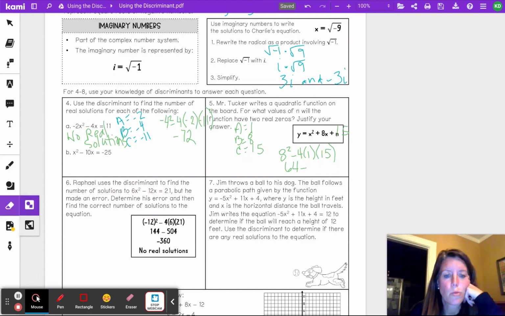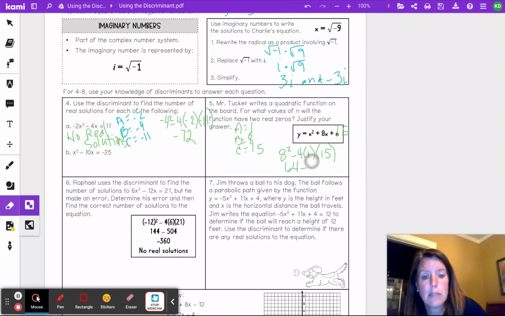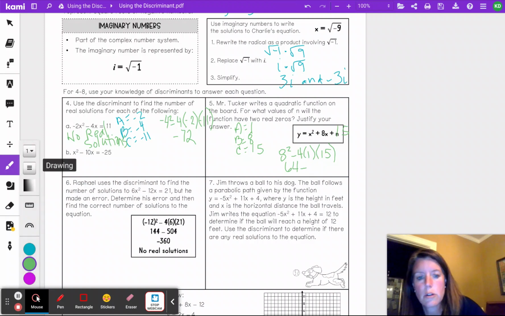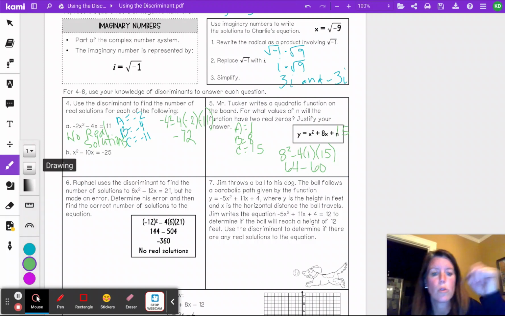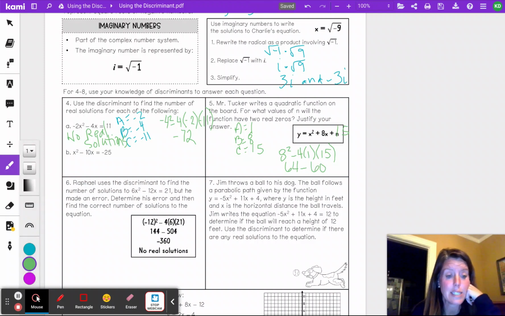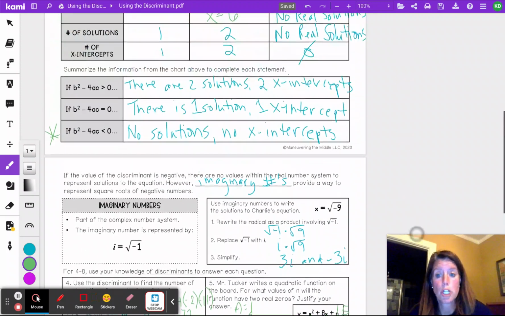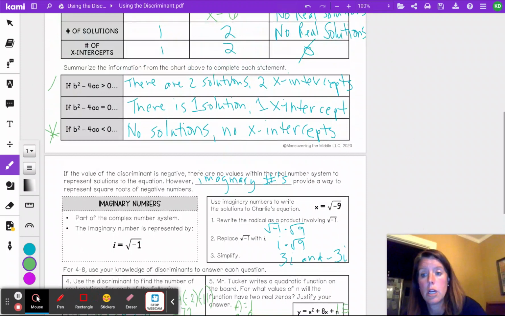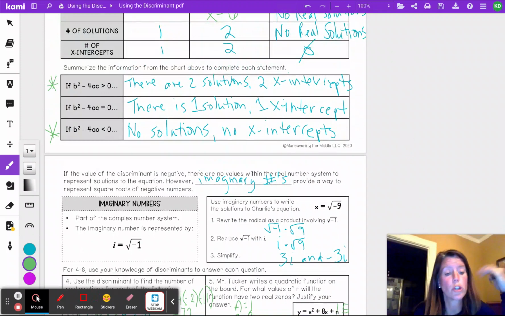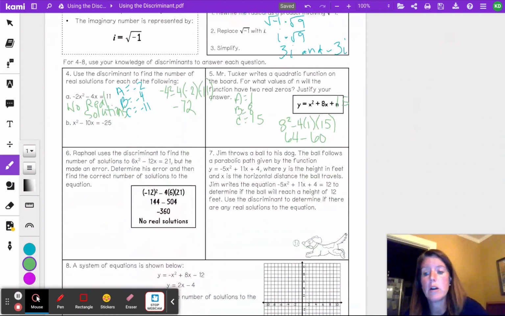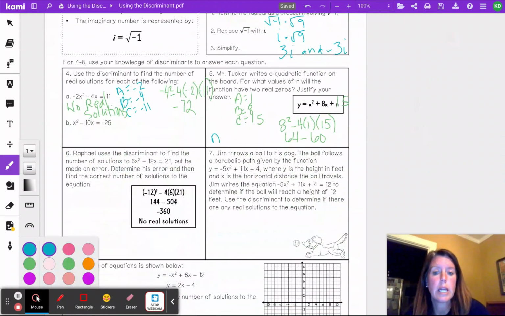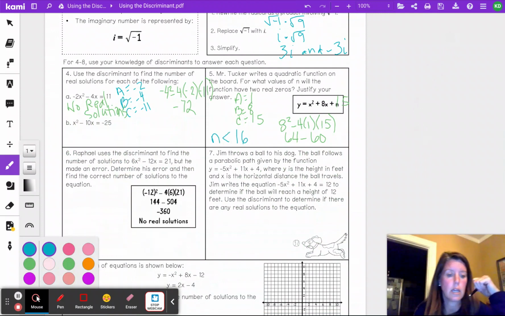Negative 4 times 1 times 15, that's going to be 60. And 64 minus 60 is 4. So that is a number greater than 0, which means I have two x-intercepts. So my n value has to be a number less than 16.